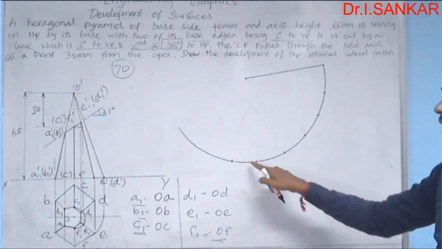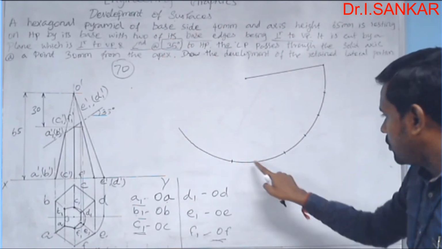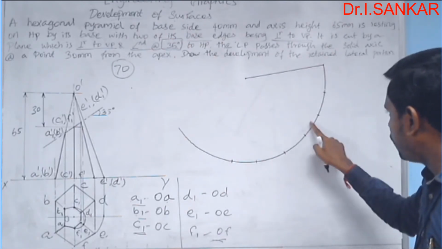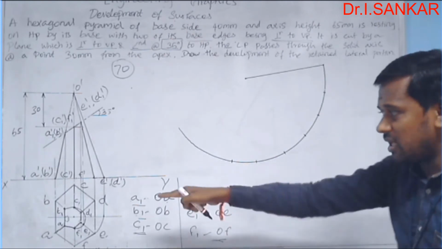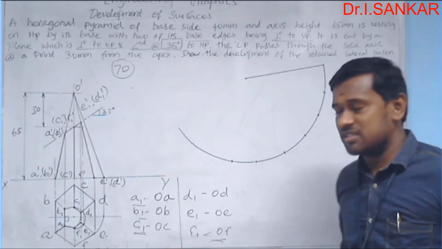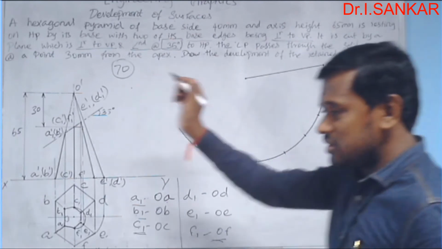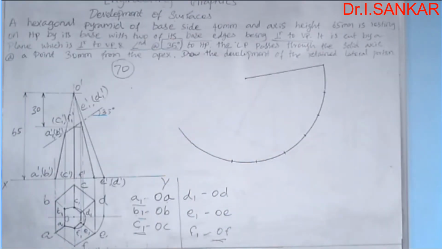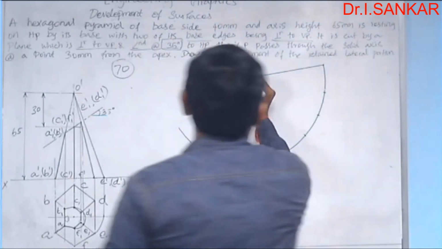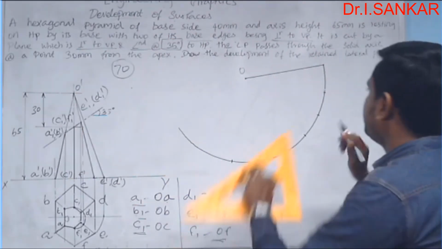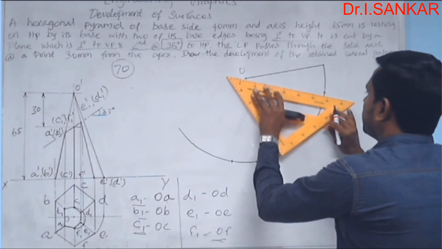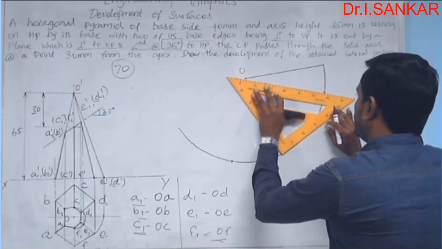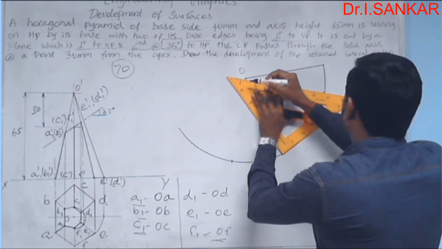Totally you have to provide 6 sectors here: 1, 2, 3, 4, 5, 6, because the solid has 6 base edges. After marking them, join them with your apex point. Here it is actually the apex point, O. Now do everything with the help of a 2H pencil.